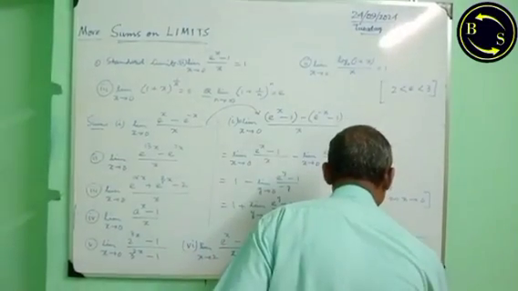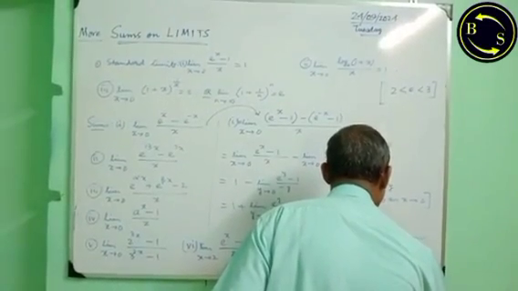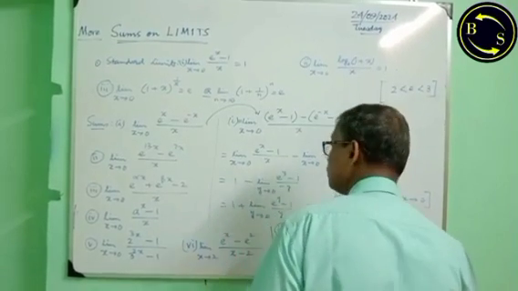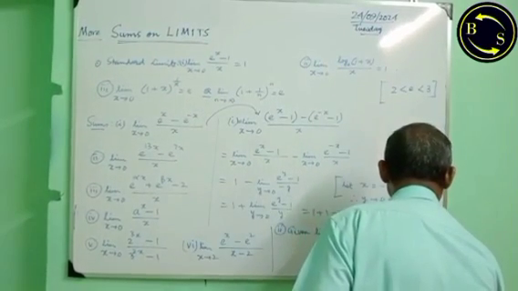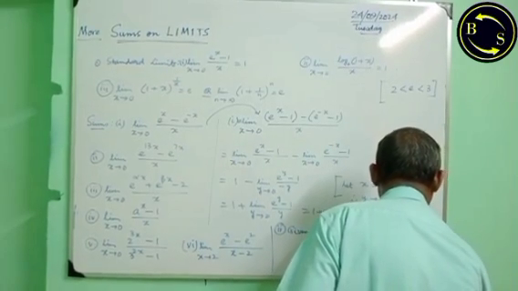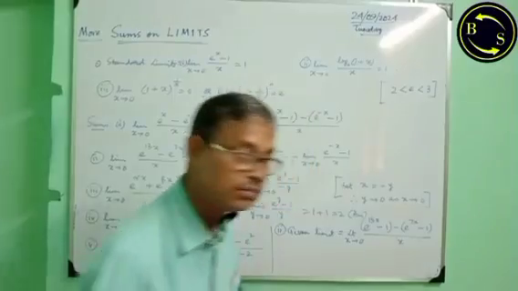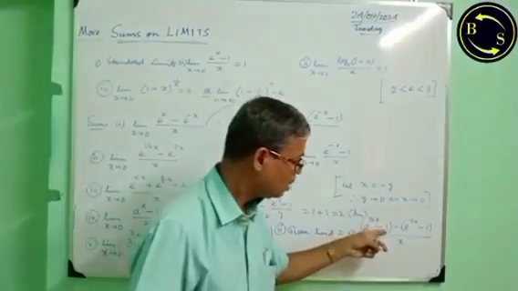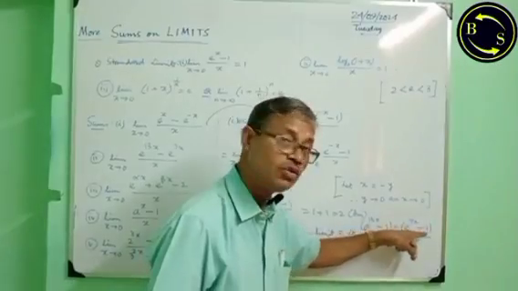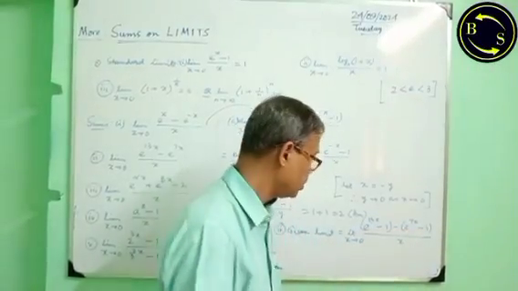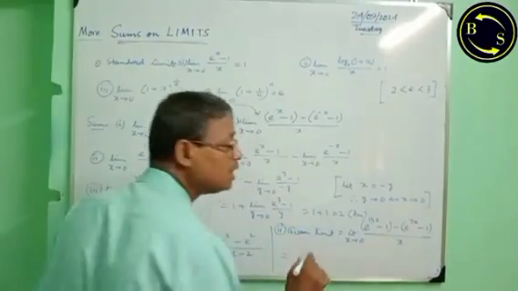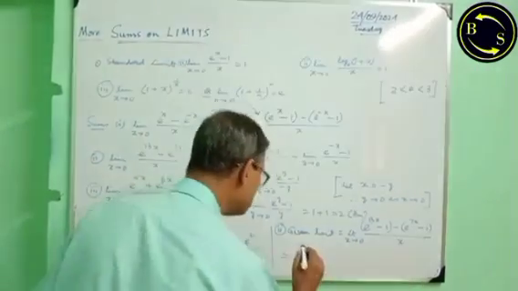This one will be e to the power 13x minus 1 minus e to the power 7x minus 1 divided by x. Here you see, if we simplify this expression, minus 1 and plus 1 will be cancelled out. Therefore, now we can write as difference of two limits.